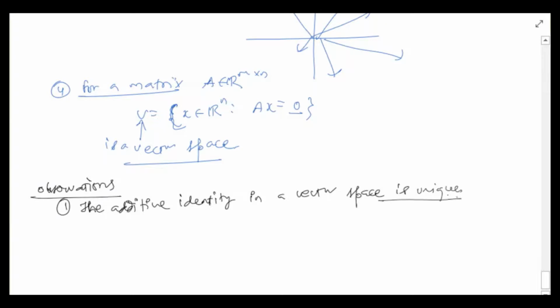Informally, I mean that there can be only one zero vector in any vector space. That is 0, that is element of V, is unique. The second property is that for any element of the vector space, its additive inverse is unique. So for any x in V, its additive inverse is unique.